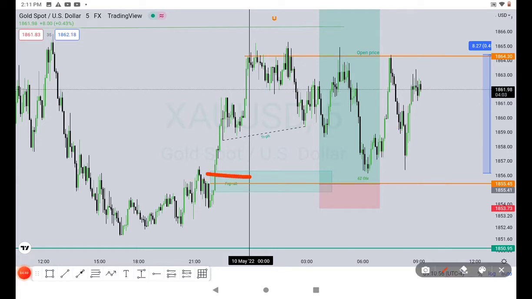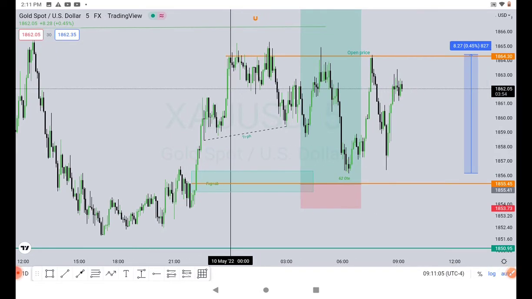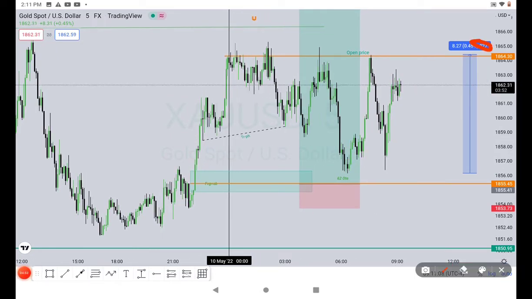Price respected the fair value gap, and it also respected the mitigation block, and it bought up. It bought nicely, you can see 82 pips.